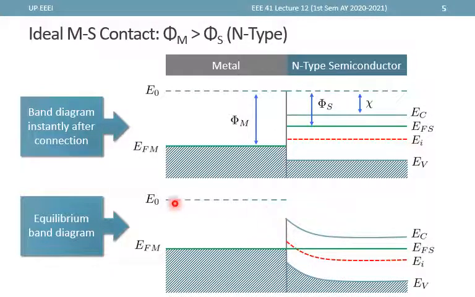Now, what happens to E naught? We know that chi must be constant, and it is the difference between E naught and EC. EC is here, so we put a constant difference chi at this point.